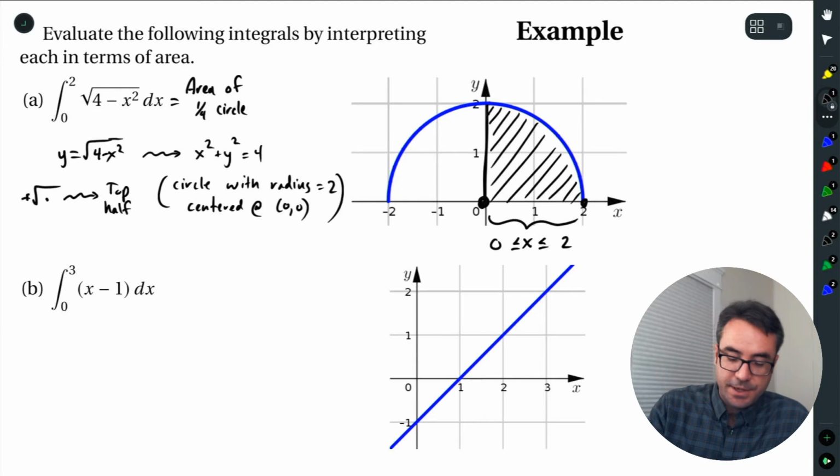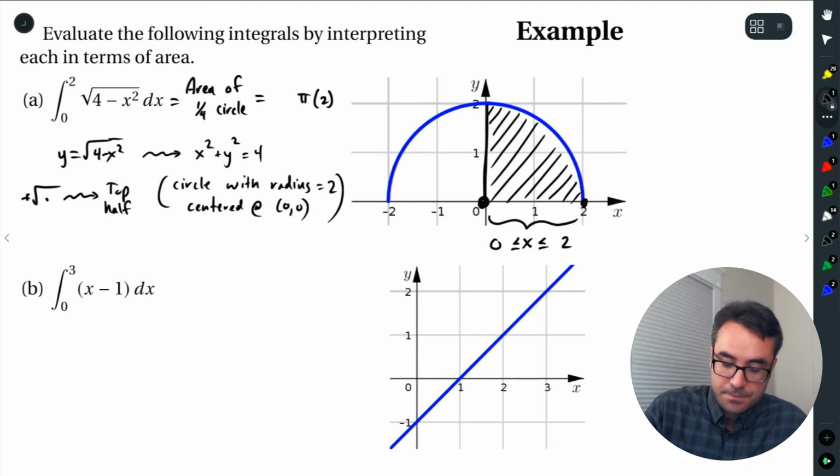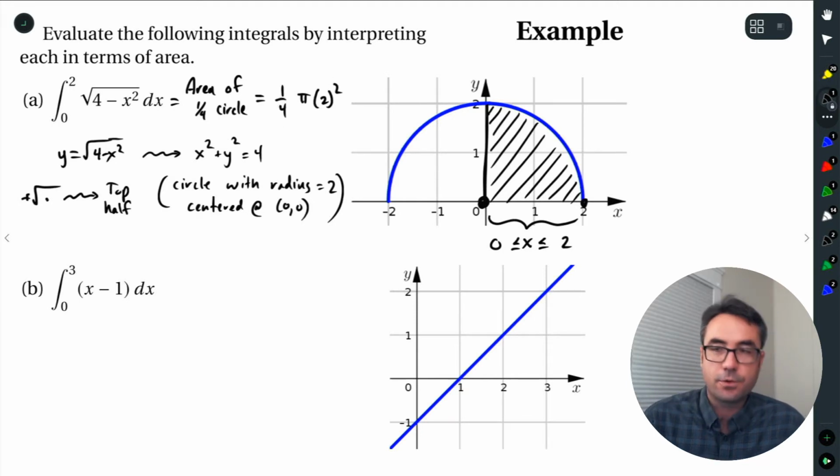All right, so what's the area of a circle? Well, it's pi r squared. So our radius is 2. And it's just 1/4 of that because this is 1/4 of our circle. We have the top half, and then there's the bottom half as well. So this shaded region just represents 1/4 of our circle.